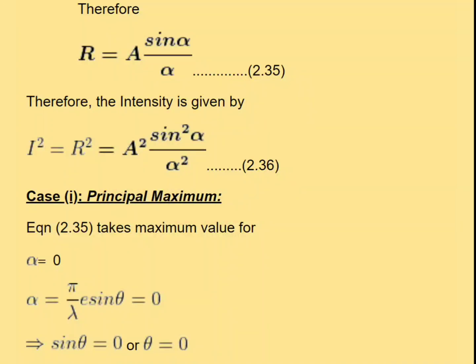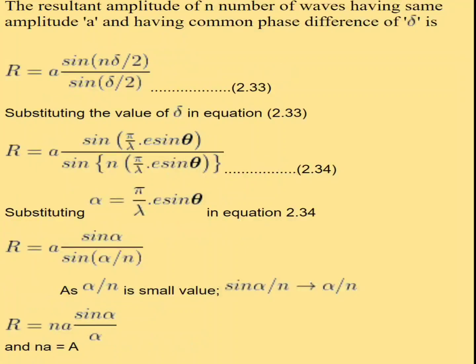Now this is the first case. Here we discuss principal maxima or central maxima. So the condition for principal maxima is alpha is equal to 0. As we know, from equation 2.34, alpha value is pi by lambda e sin theta. Now in this equation alpha is equal to 0.